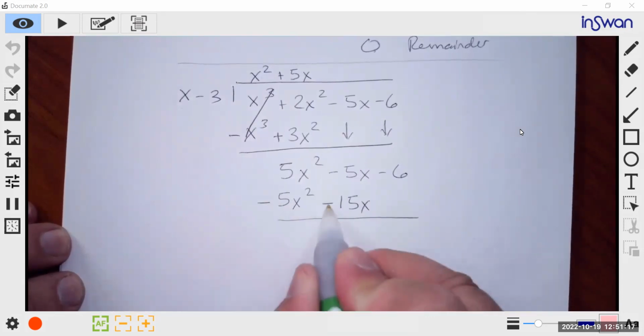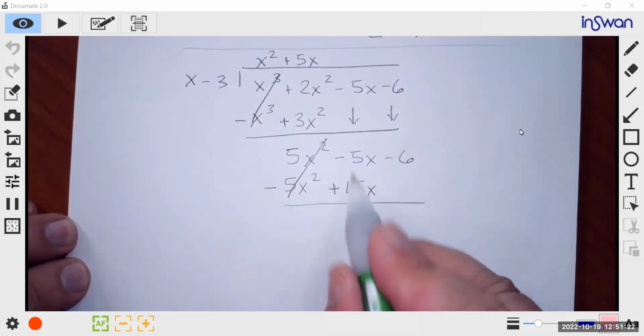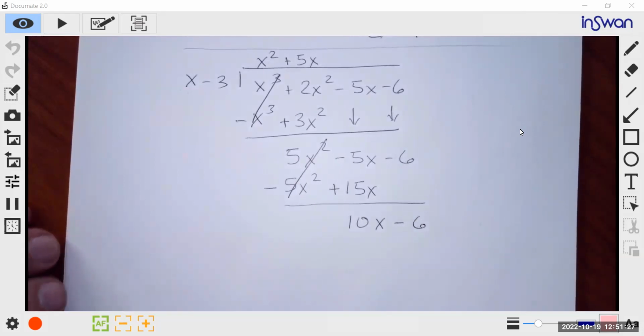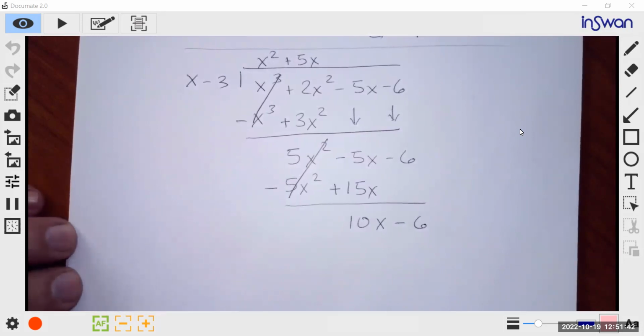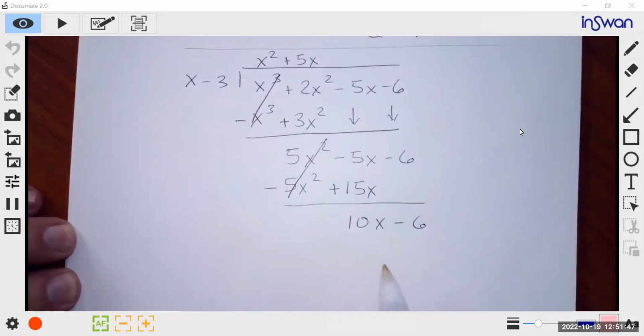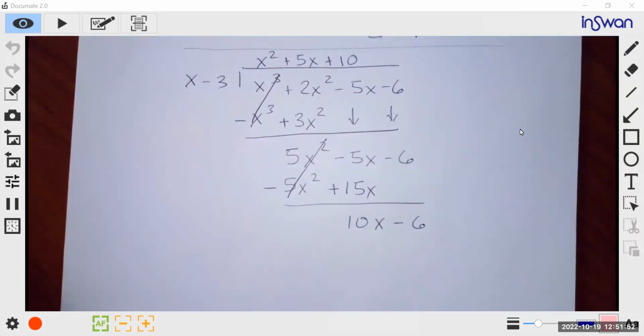Change their signs and add. 15 minus 5 is 10, minus 6. What times x gives me 10x? Positive 10, because the signs are important. Remember last time we had that negative 6?